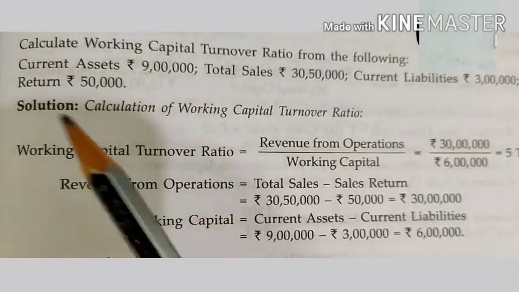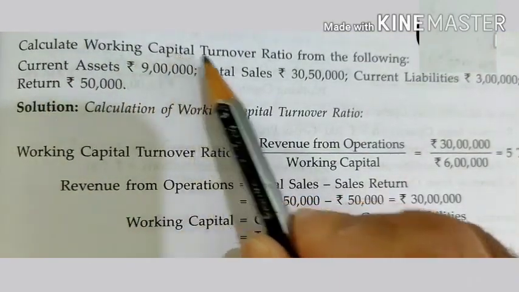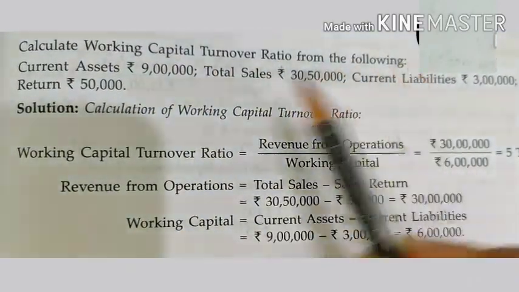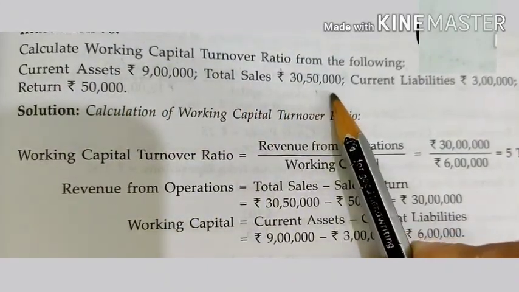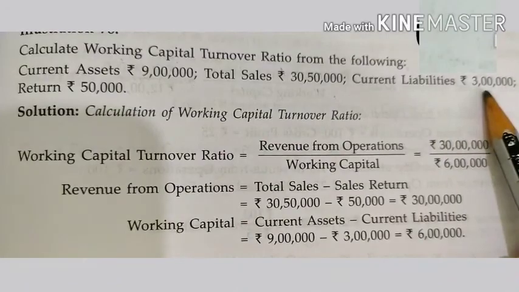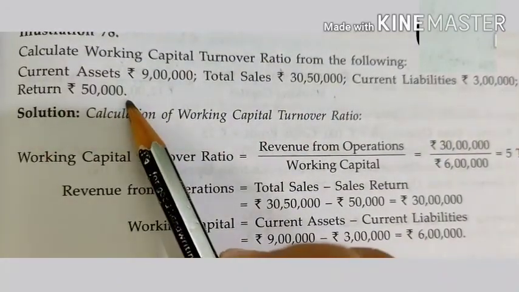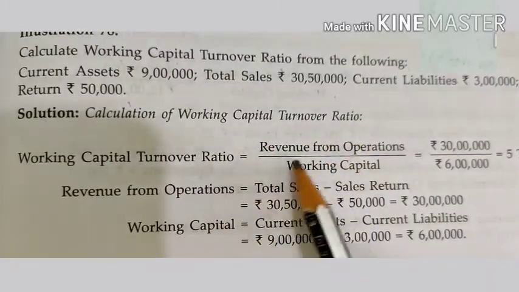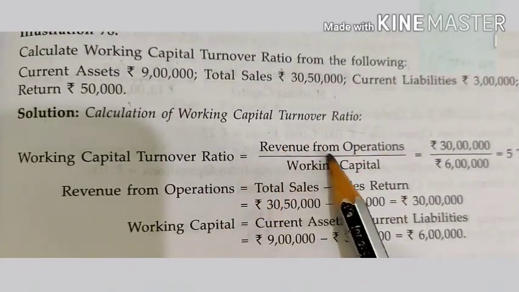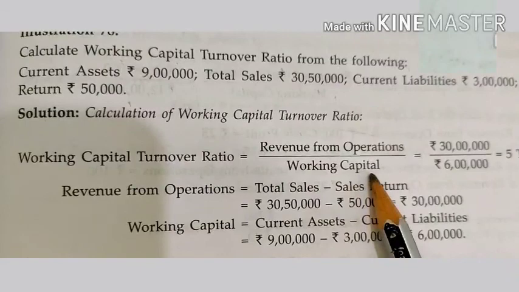Another one. Calculate working capital turnover ratio from the following. Current assets 9 lakhs, total sales 30 lakhs 50,000, current liabilities 3 lakhs, sales return is 50,000. Calculation of working capital turnover ratio. We have the formula revenue from operations divided by working capital.